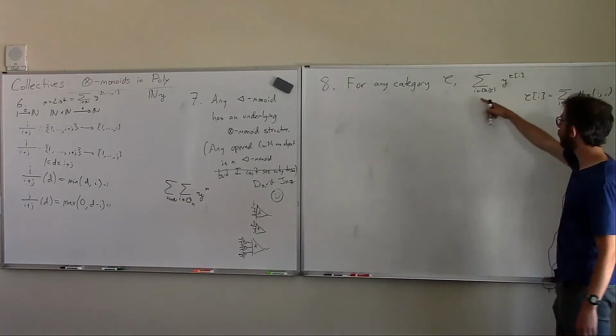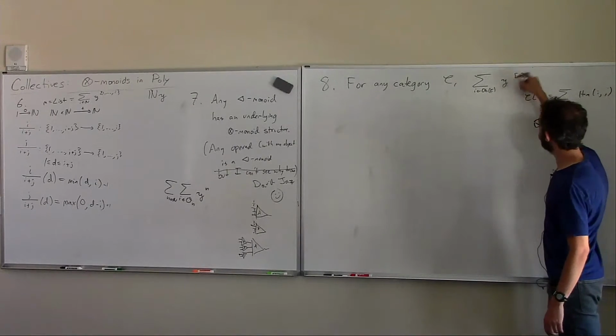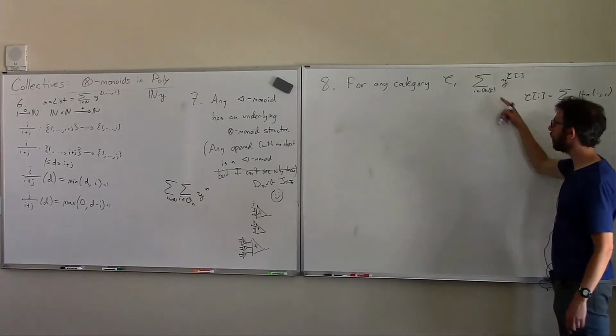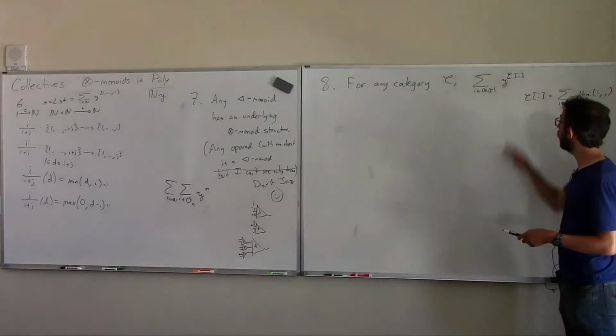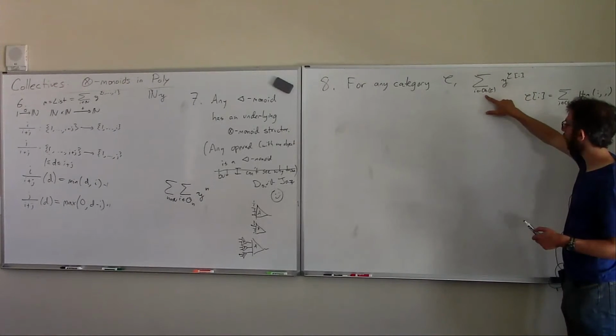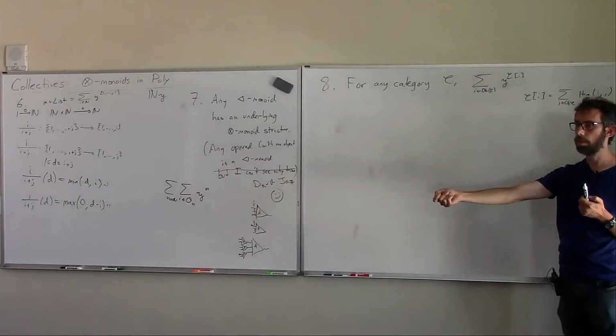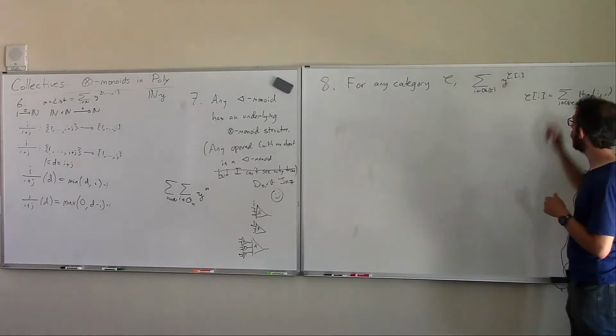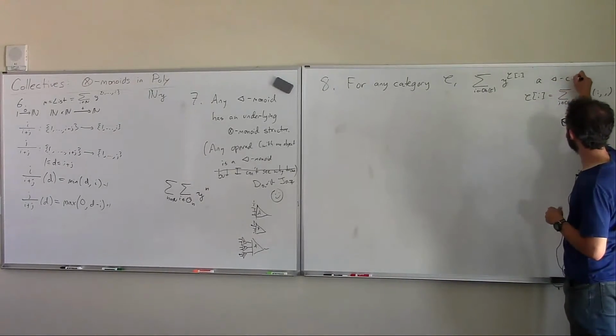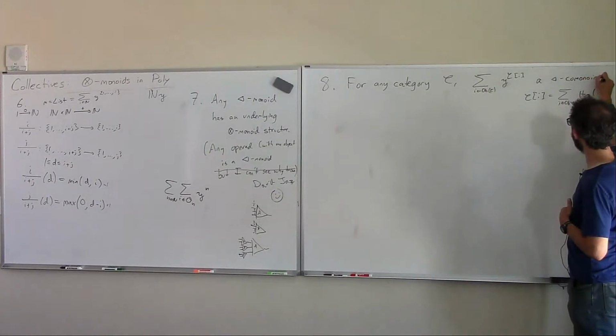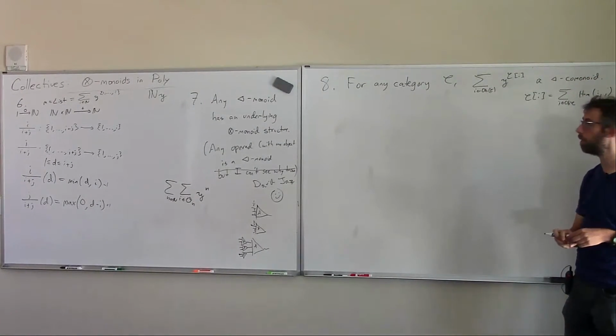So here's a polynomial, and the polynomial has positions, the objects of C, and at any position, the directions there are the outgoing maps. And that thing is a comonoid. And in fact, every comonoid in Poly is a category.